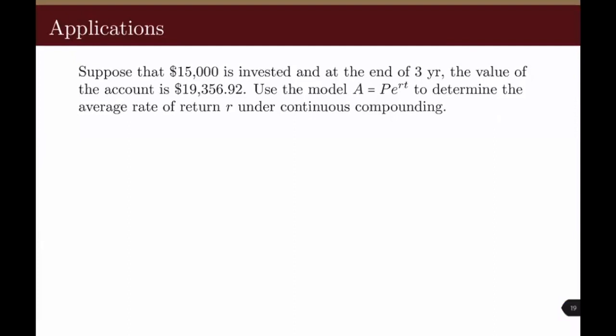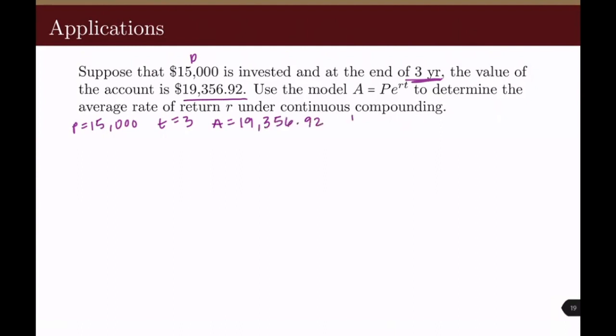So our original investment is P, so we have P equals 15,000. End of 3 years means time is 3. And the value of the account was this A, so that's 19,356.92.